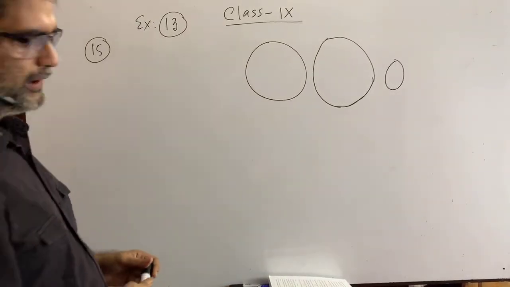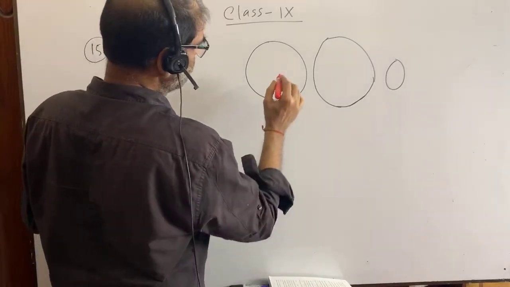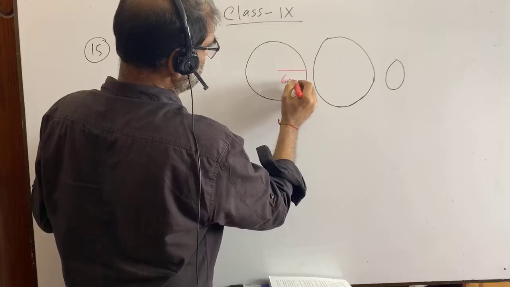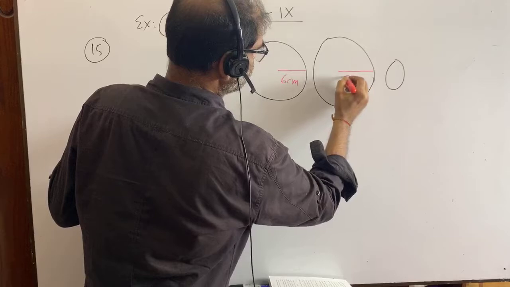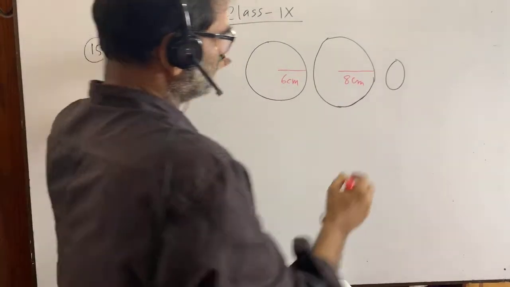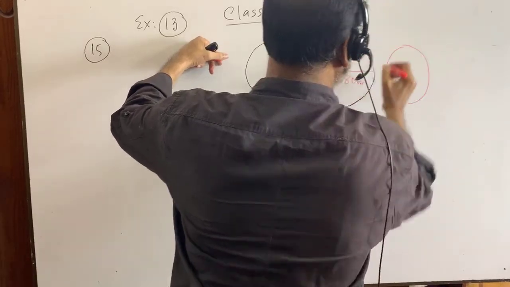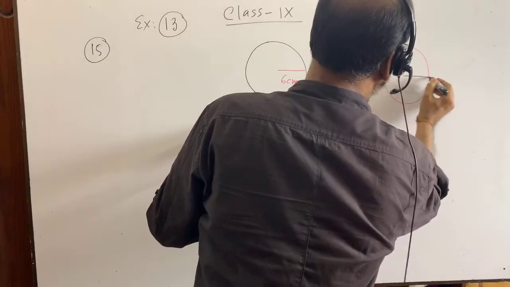Now suppose its radius is 6 centimeter. Its radius is 8 centimeter, and suppose its radius is r centimeter.